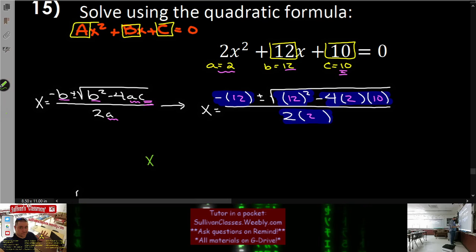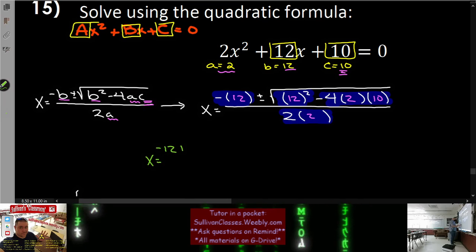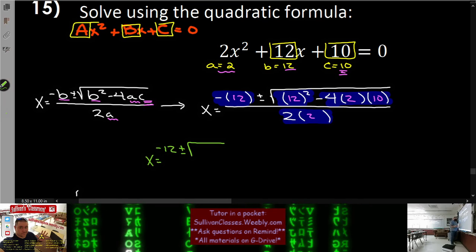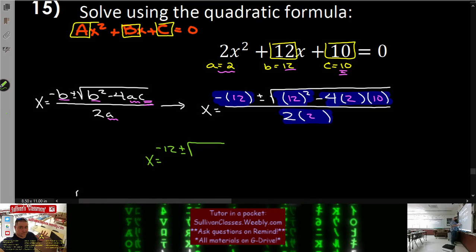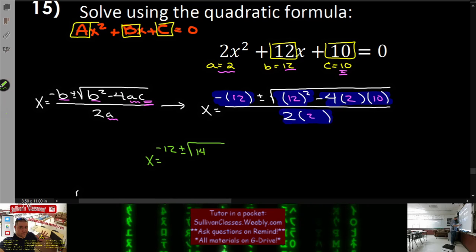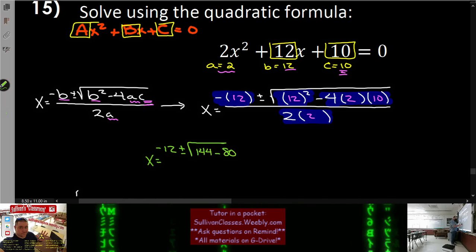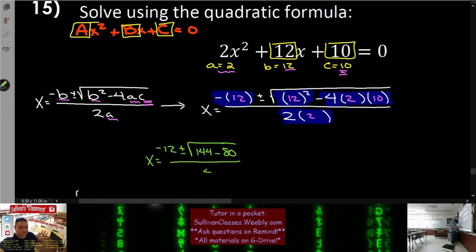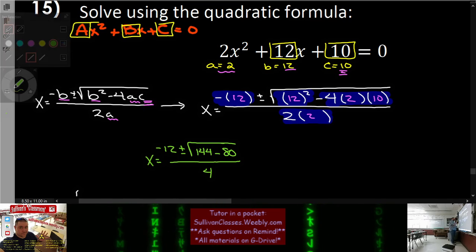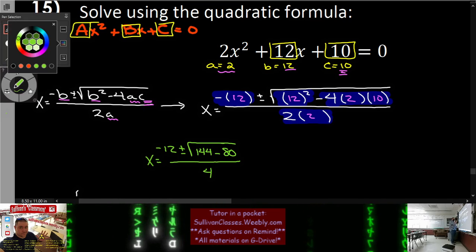We've got x is a negative 12 plus minus square root of, what's 12 squared? Minus, what is 4 by 2 by 10? 80. And 2 by 2 is 4. What is 144 minus 80?